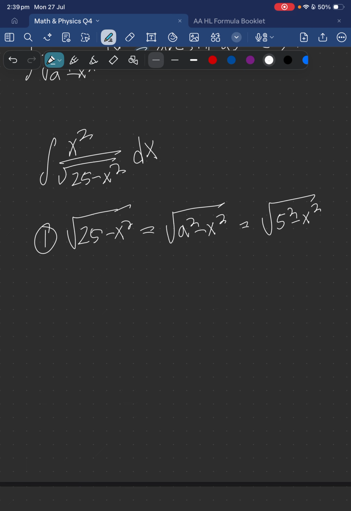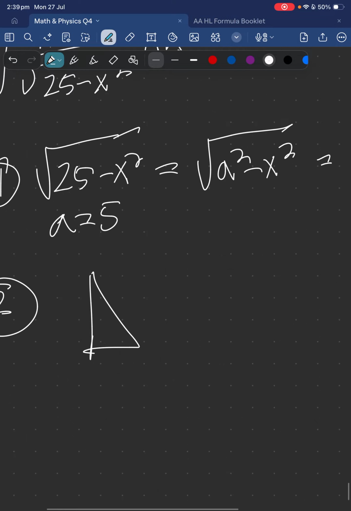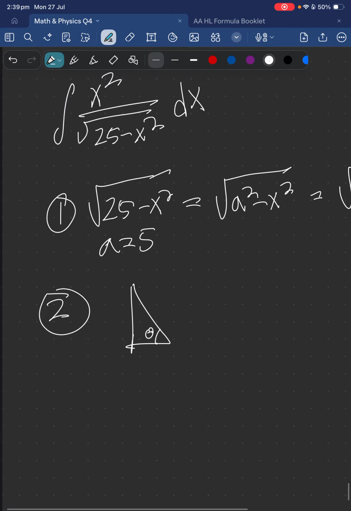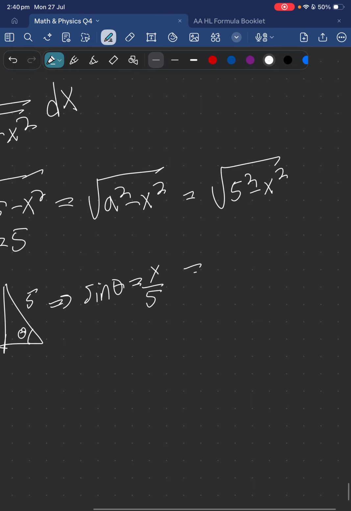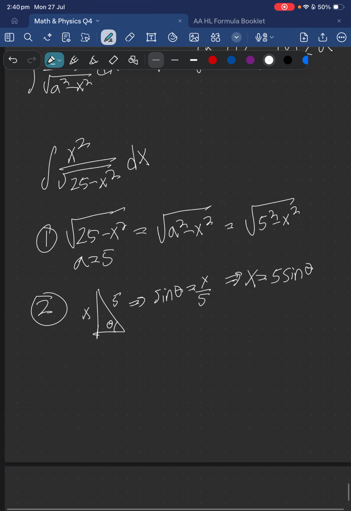So you need to get your a. So you can just write a is equal to 5. The second step is to draw a right triangle. You label this as theta. You notice 5 is the hypotenuse, x is our opposite side. So sine theta is equal to x over 5. Therefore, our substitution is x is equal to 5 sine theta.